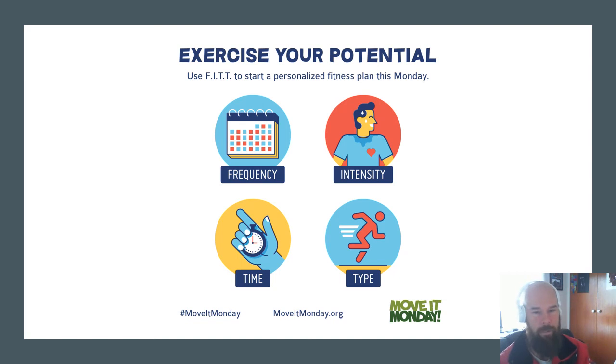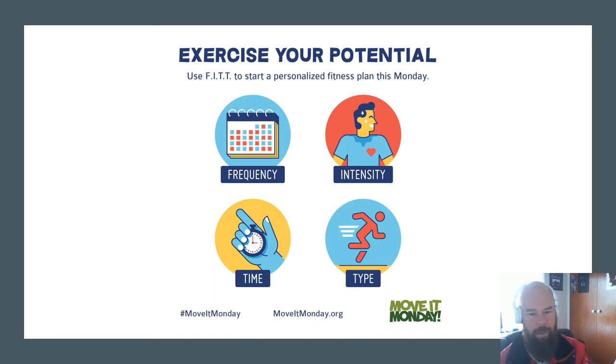So the frequency: you need to be doing at least 3 sessions a week, minimum. The intensity: what sort of intensity is it? Are you working at an aerobic level? Are you working at an anaerobic level? How hard are you working? How long are you doing it for? That's the time.